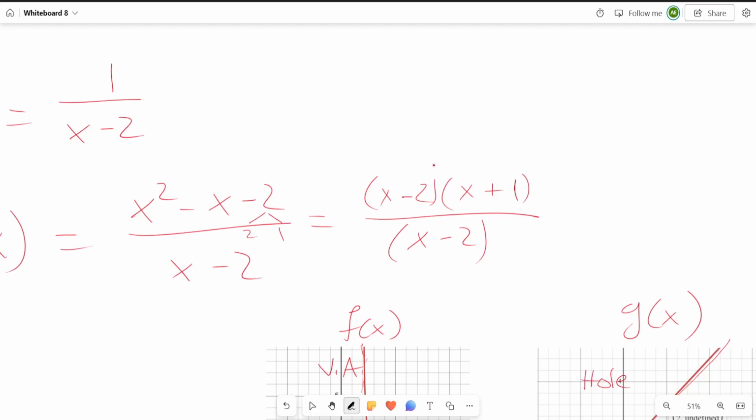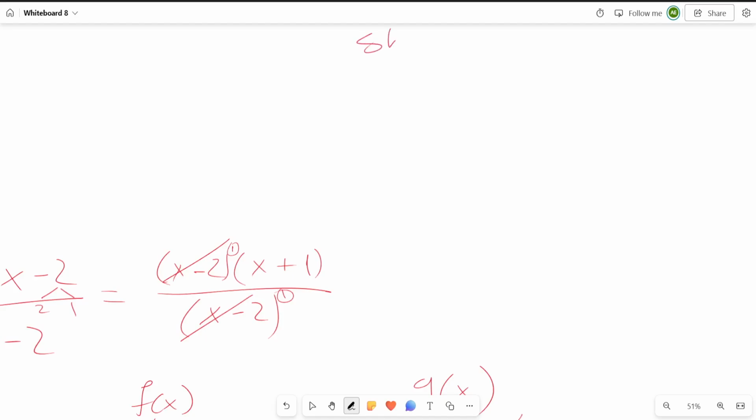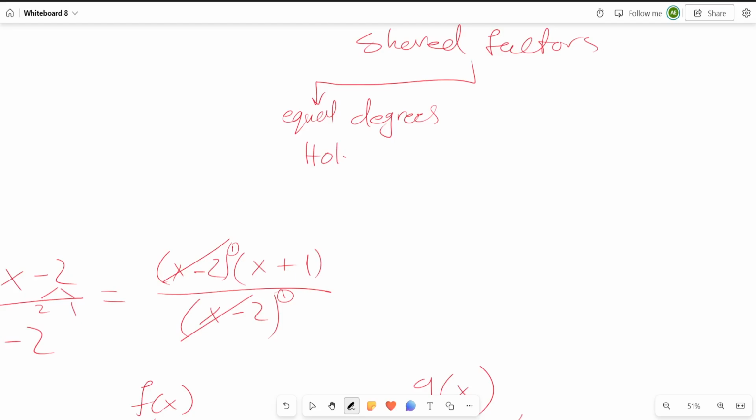If the shared factors have the same degree, so this is 1, this is 1, they cancel equally, it's a hole. So let's do our rule. Shared factors: if they have equal degrees, so the powers are equal, then it's a hole.